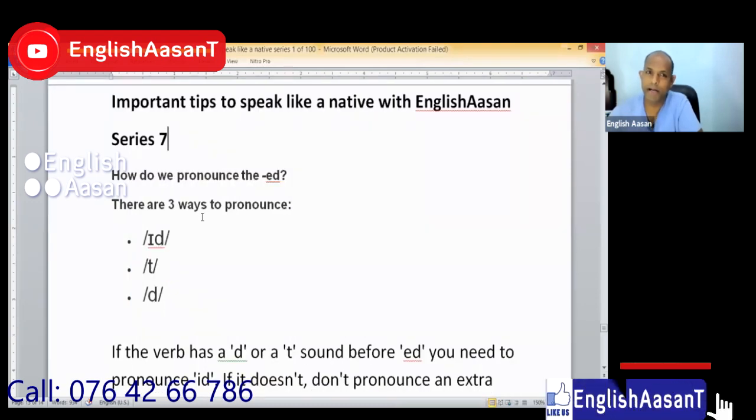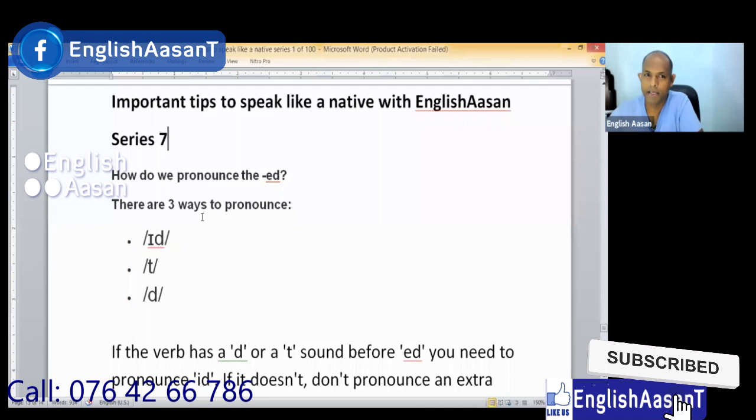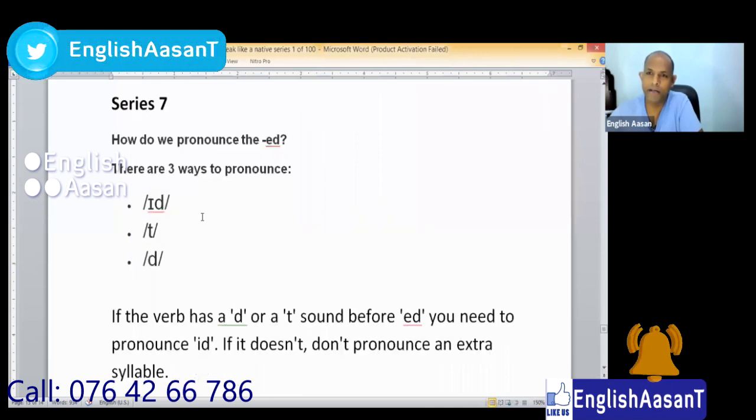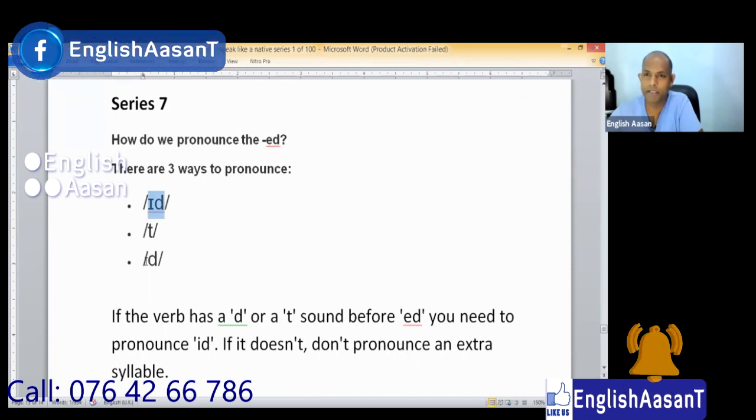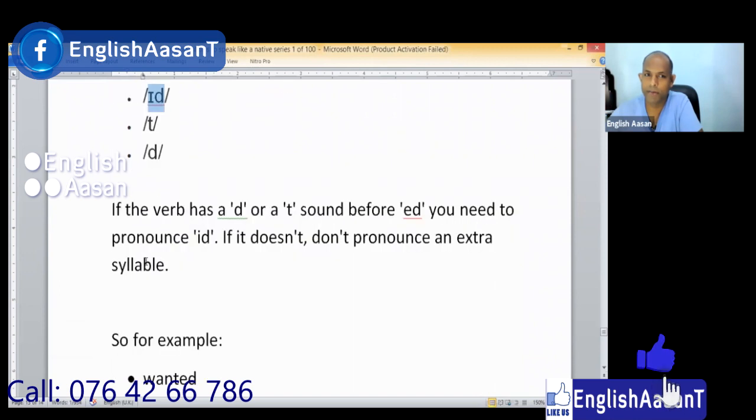And how do we pronounce the ed in a regular verb? There are three pronunciations of ed in a regular verb. One is id, the other one is t, and the third one is d, the usual one we make.